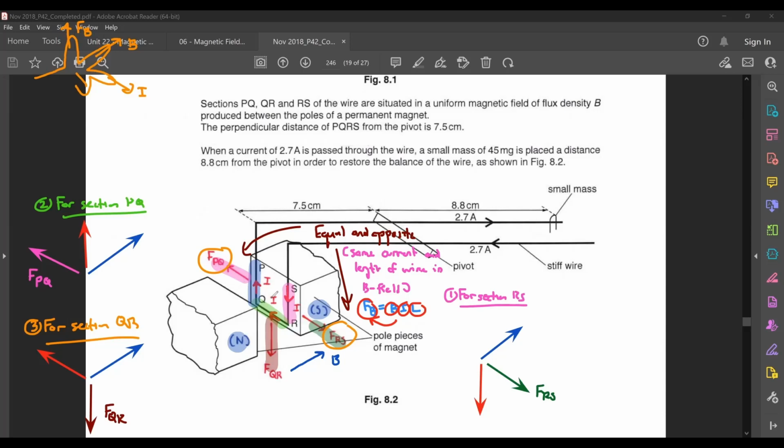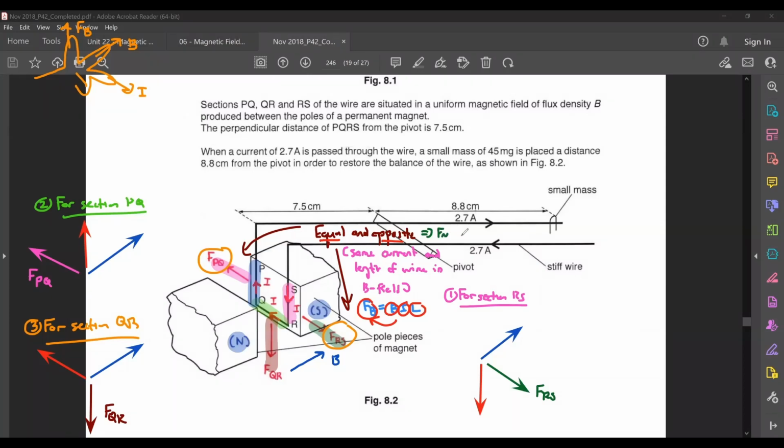Just that in our case, they are acting in opposite direction. That's why I could say that they are equal in magnitude, but opposite in direction. This would also mean then that your resultant force is actually zero in the horizontal direction. Okay, in the horizontal direction, you do not have any resultant force, but in the vertical direction, you actually have a resultant force in the form of the magnetic force acting on section QR.